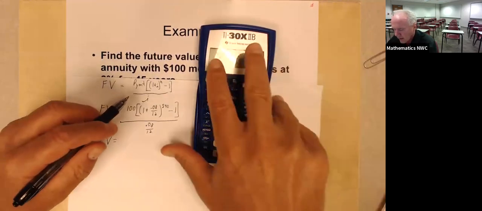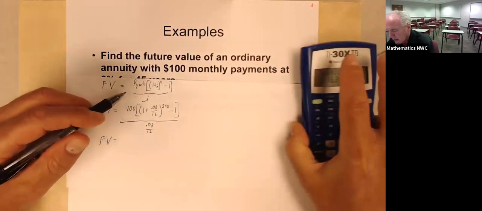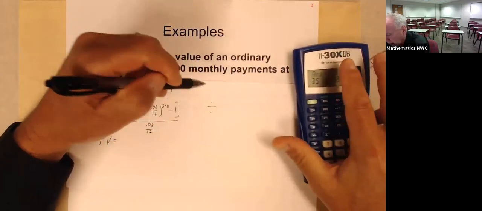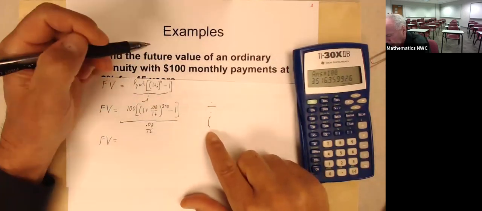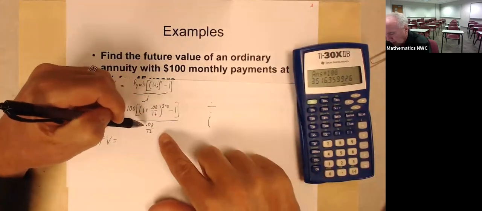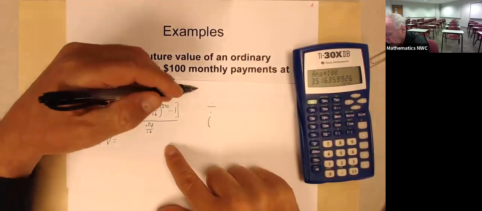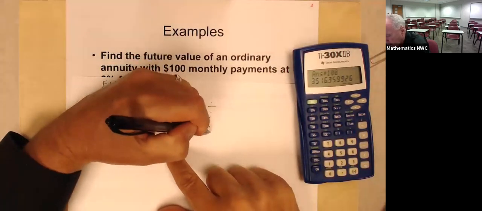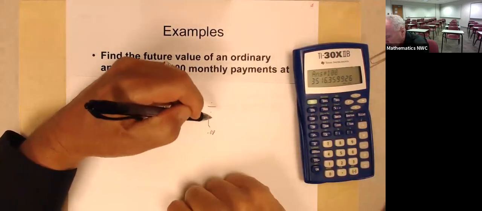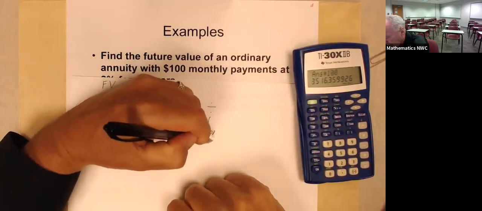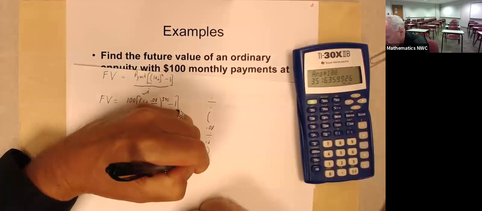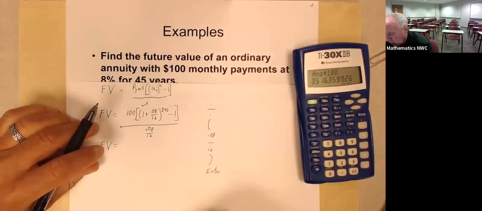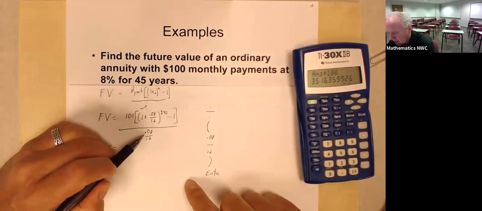Now, that entire numerator needs to be divided by, this is what I'm going to be punching in. I'm going to have a beginning parentheses. I need to divide by this fraction, so I'm dividing by 0.08 divided by 12, closing parentheses, enter. That's what I'm going to punch at the end here.